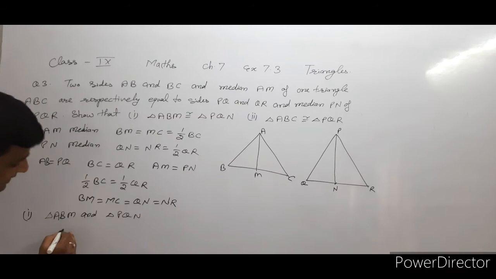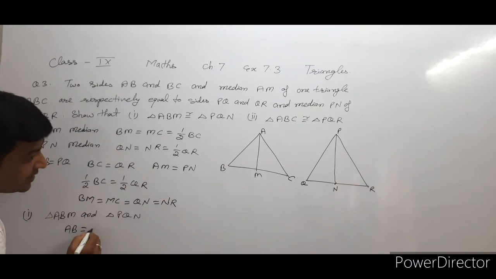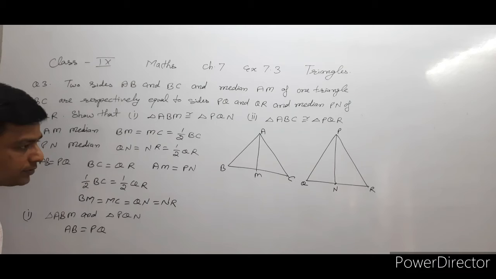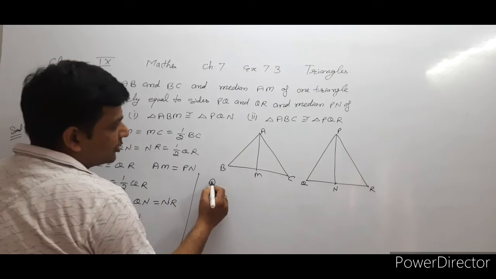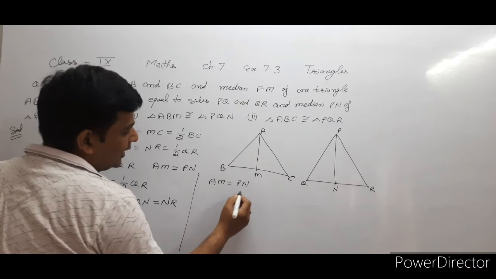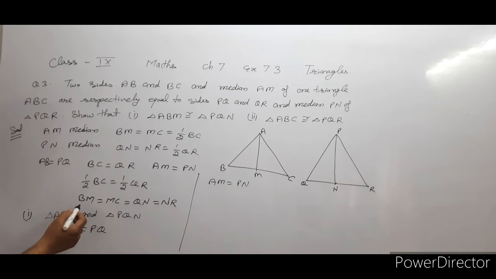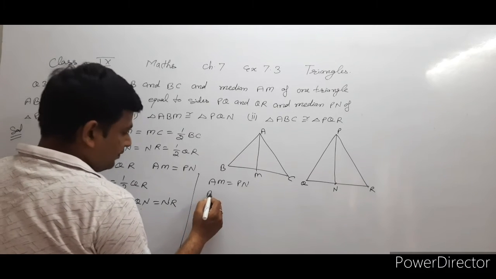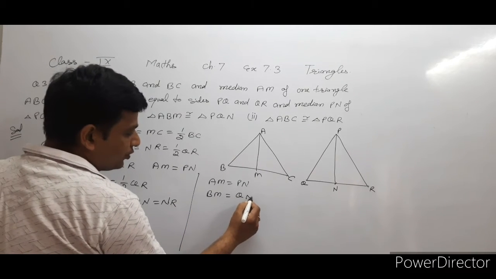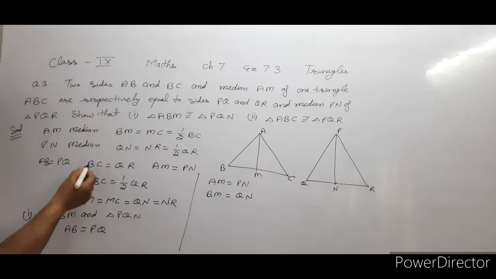In these two triangles, it's given that AB is equal to PQ. It's given that AM is equal to PN, and we already proved that BM is equal to QN. All these are in the given part, or we already showed it.